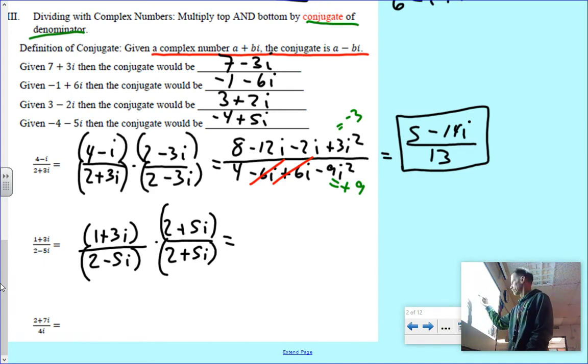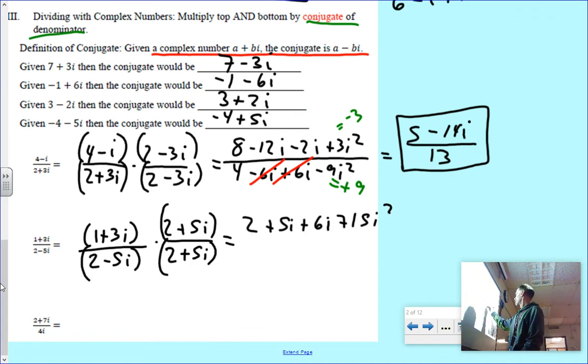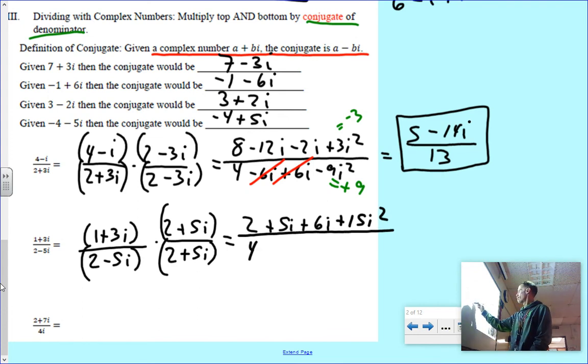And again, multiply. 2 plus 5i plus 6i plus 15i squared over 4 minus 10i plus 10i minus 25i squared.